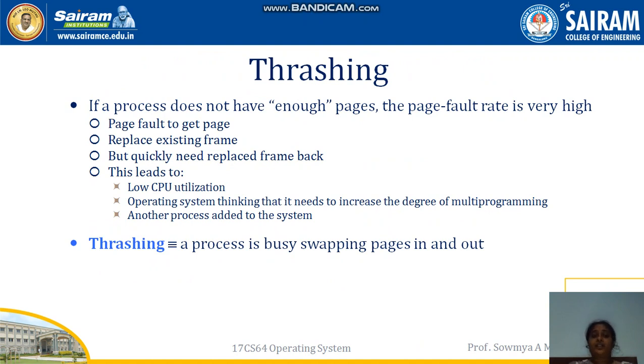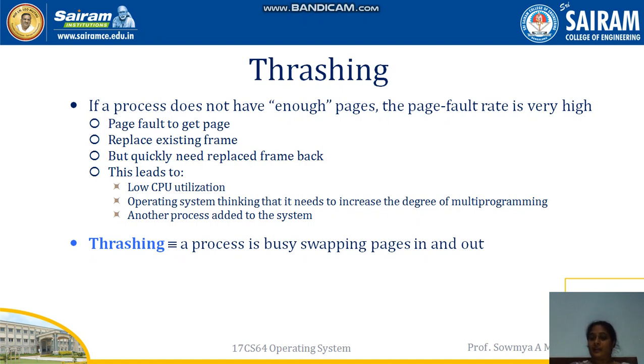Thrashing is a situation where your CPU's performance will reduce because of the number of page faults. If multiprogramming increases, page faults also increase. Since page faults have increased, CPU performance will reduce.